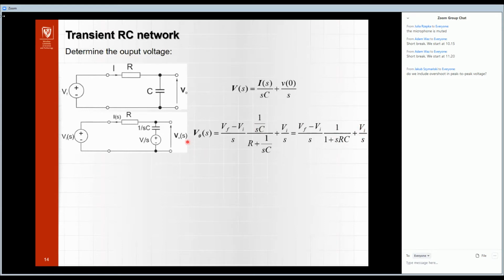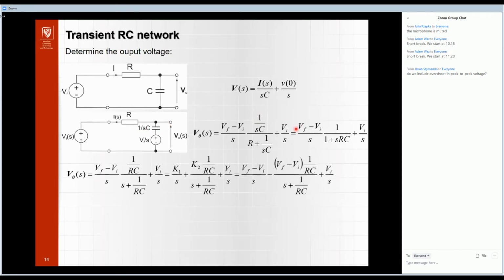Of course, we can calculate that the voltage on this is the initial value plus the current which flows, multiplied by 1/sC. It is not a good form for changing to the time domain, so we make some calculations, and it is not a good idea to use multiplications here, so we change this part of our equation to partial fractions.